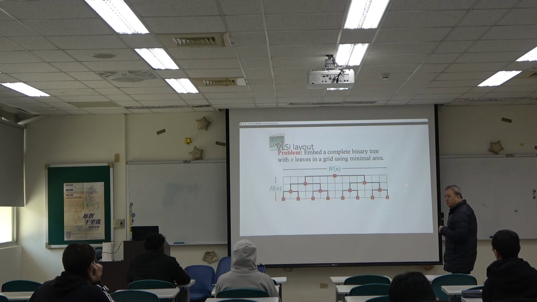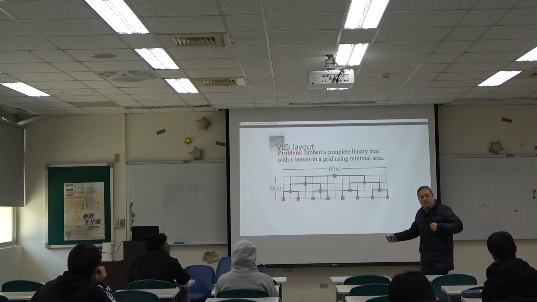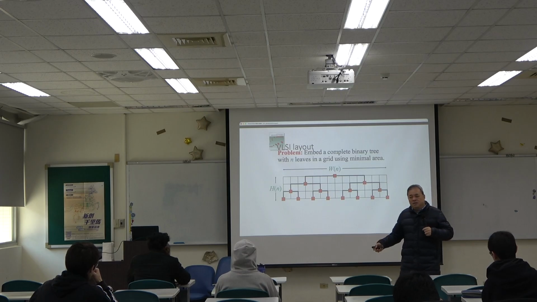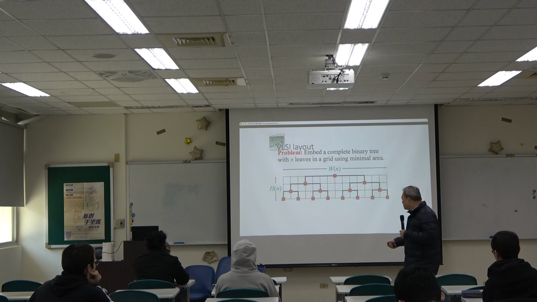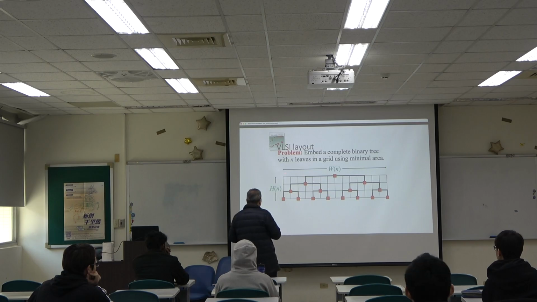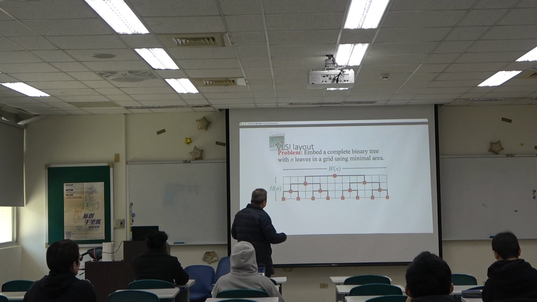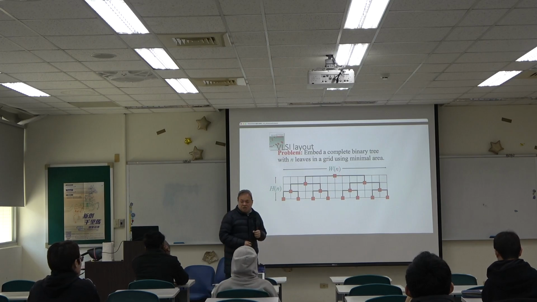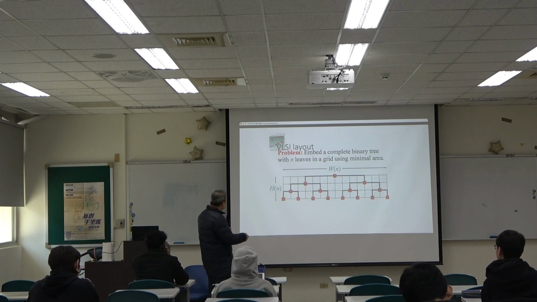We know the area equals width times height, right? So we can try to represent the width and the height by the number of leaf nodes. Let's say the number of leaf nodes is n.